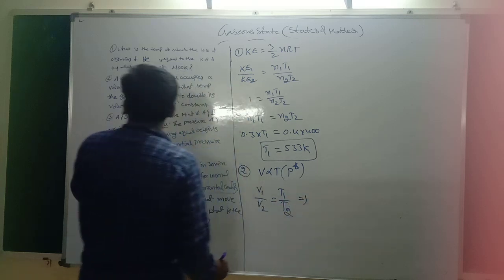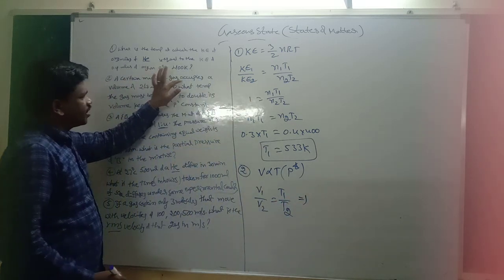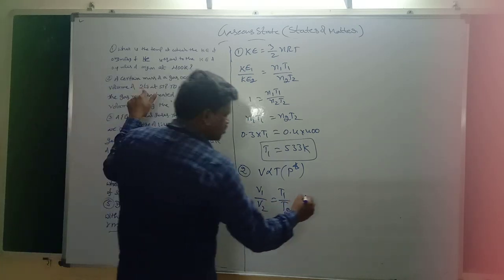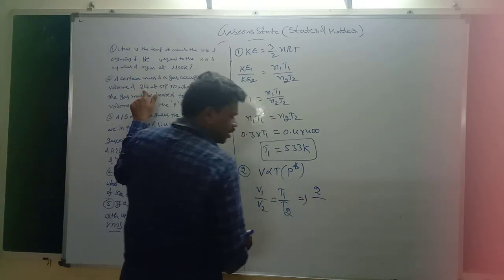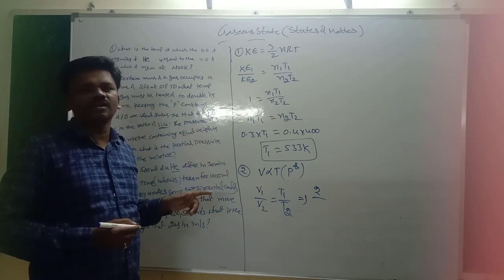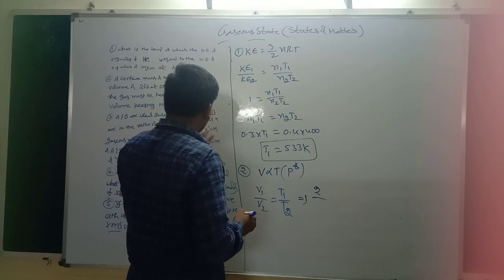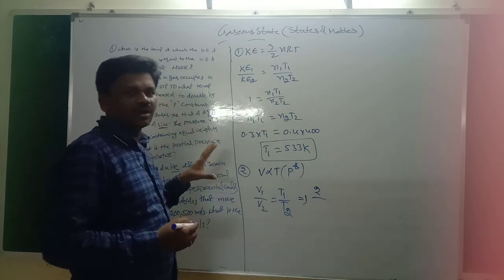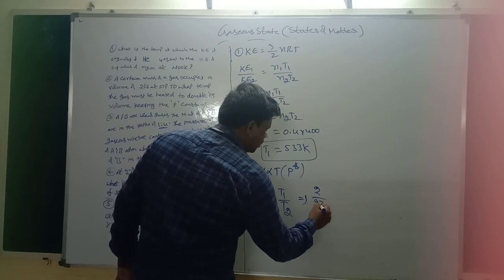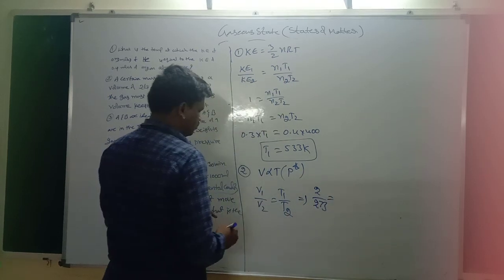Here, a certain mass of a gas occupies a volume of 2 liters at STP. That means at STP condition, temperature is equal to 0 degrees centigrade or 273 Kelvin. Any gas problem must be converted into the Kelvin scale. That means temperature T1 equal to 273.